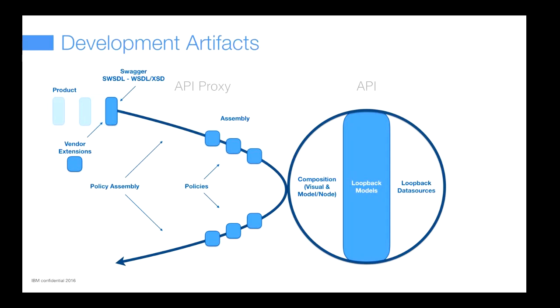Okay, so this section here, assembly, is where you define your different gateway policies.